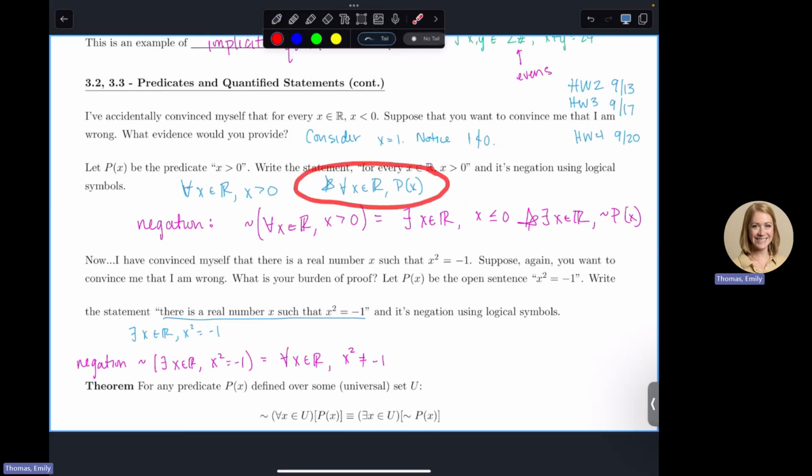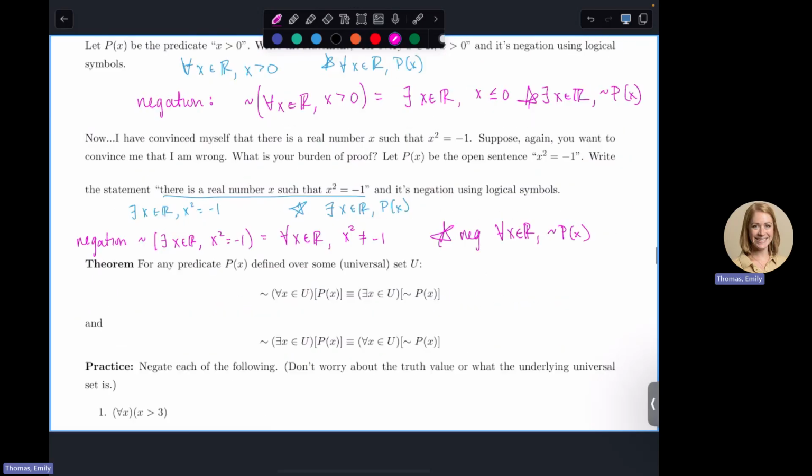If this is your statement, then its negation, the negation of a for all statement, becomes a there exists statement, where the thing is not true. And then conversely, this statement is that there exists an x in R where p of x is true. The negation is that for all x in R, it's not true.